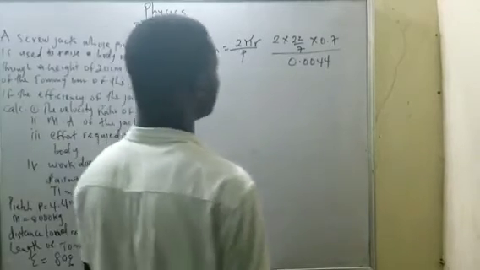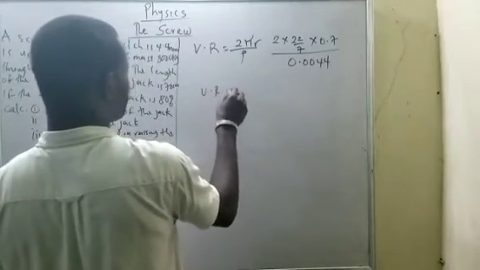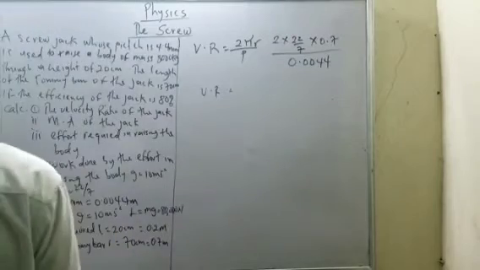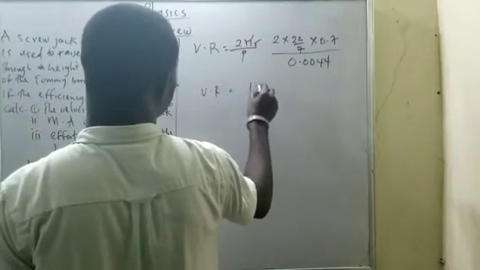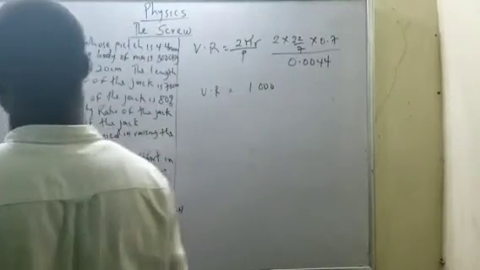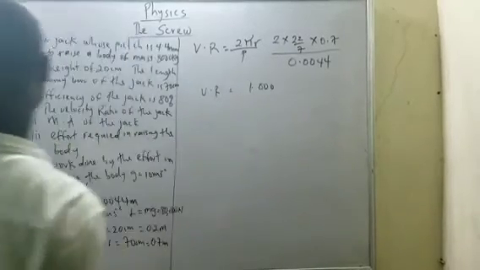With the help of my calculator, my velocity ratio will be equal to 1,000. That is the velocity ratio.